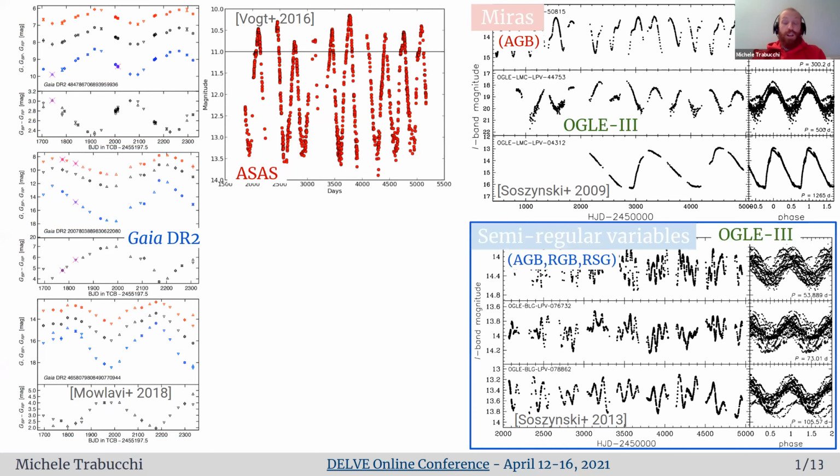But long period variables are a wide and heterogeneous family, so they also include semi-regular variables that are on average of smaller amplitude, shorter periods, and a lesser degree of regularity in their light curves, indicative of multi-periodicity, and are not necessarily AGB stars. They might be less evolved red giant branch stars or even red supergiants.